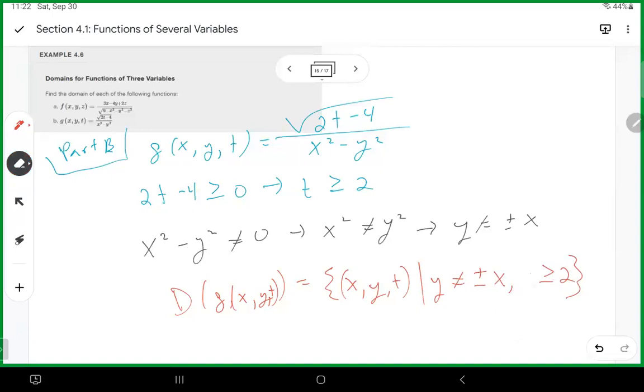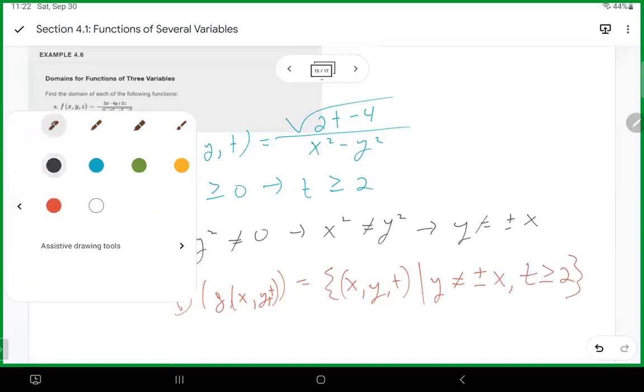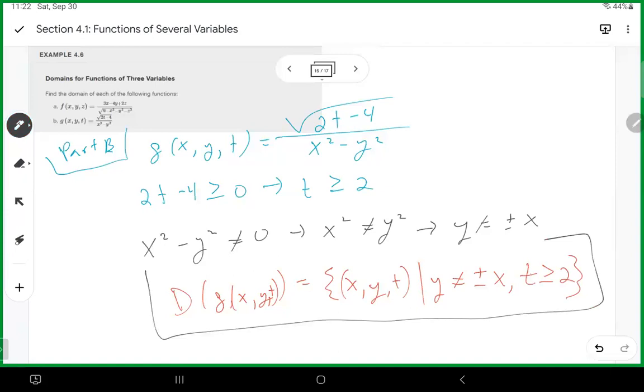And that is a t, not a z. A t. All right. So that is that one.